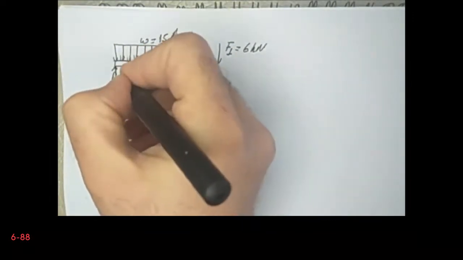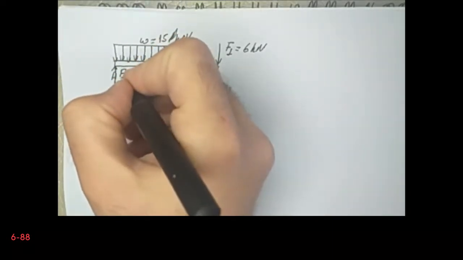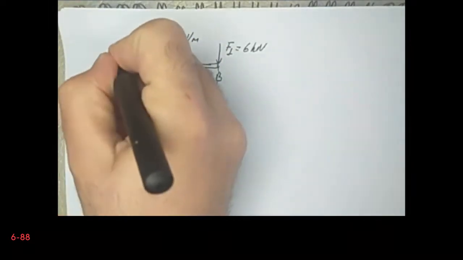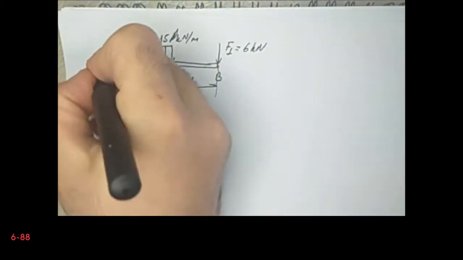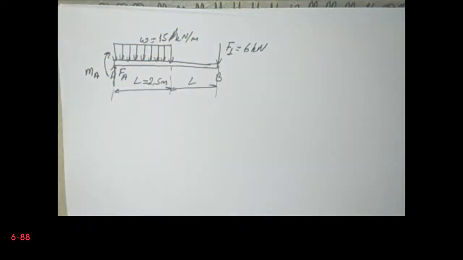Therefore on the wall at point A we have a support reaction Fa, and certainly we have a reaction moment Ma. So this is our free body diagram.